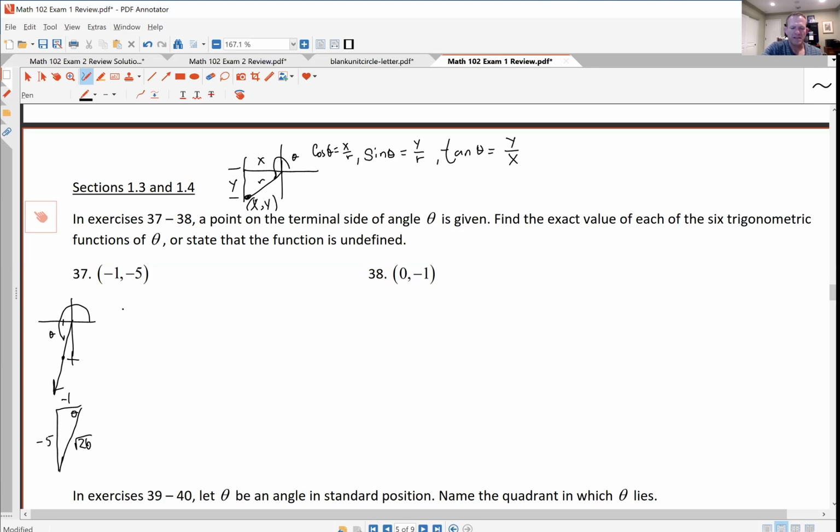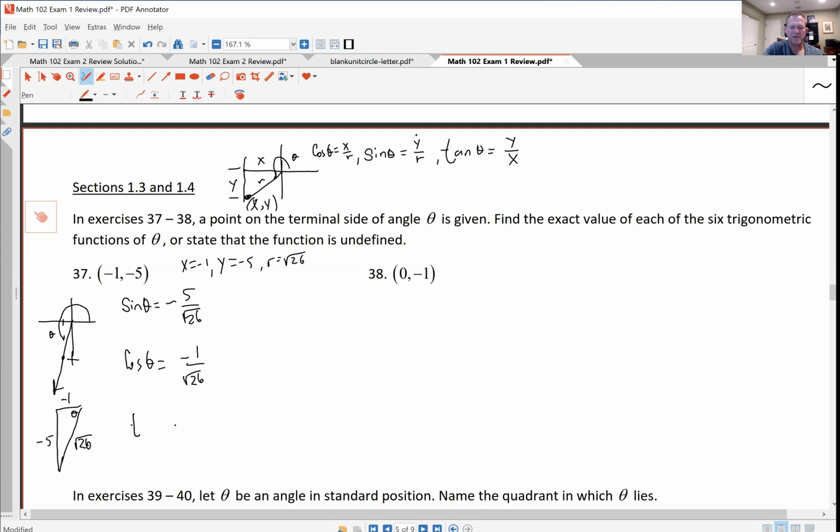So we say that the sine of theta is -5, or y, -5 over the square root of 26. The cosine of theta is the adjacent, or x, -1 over the square root of 26.